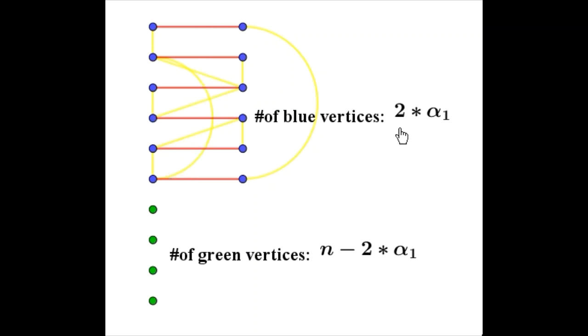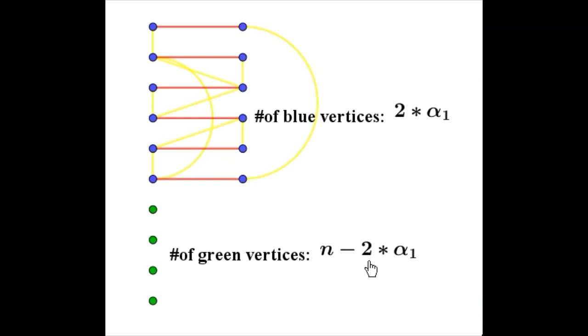Using these red edges, we will be able to cover exactly 2 times alpha 1 blue vertices, right? Because using one edge we will be able to cover exactly 2 unique vertices. So out of all n vertices, we have already covered these 2 alpha 1 blue vertices.